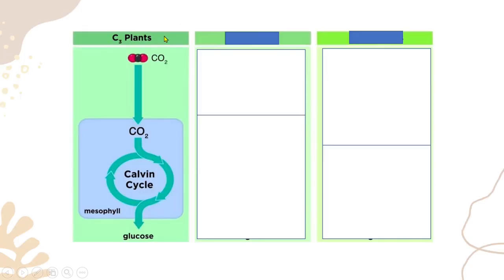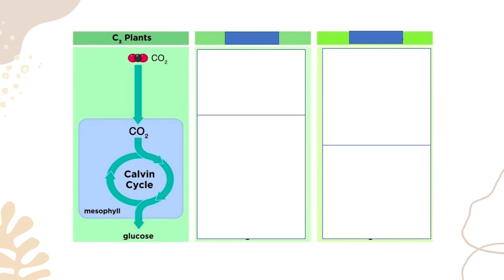Also take note that if carbon dioxide is less, then it will undergo photorespiration, and that's a problem with C3 plants. However, if there is an increase in carbon dioxide, then there will be no problem. No photorespiration happens, but rather more photosynthesis, and more glucose will be produced.